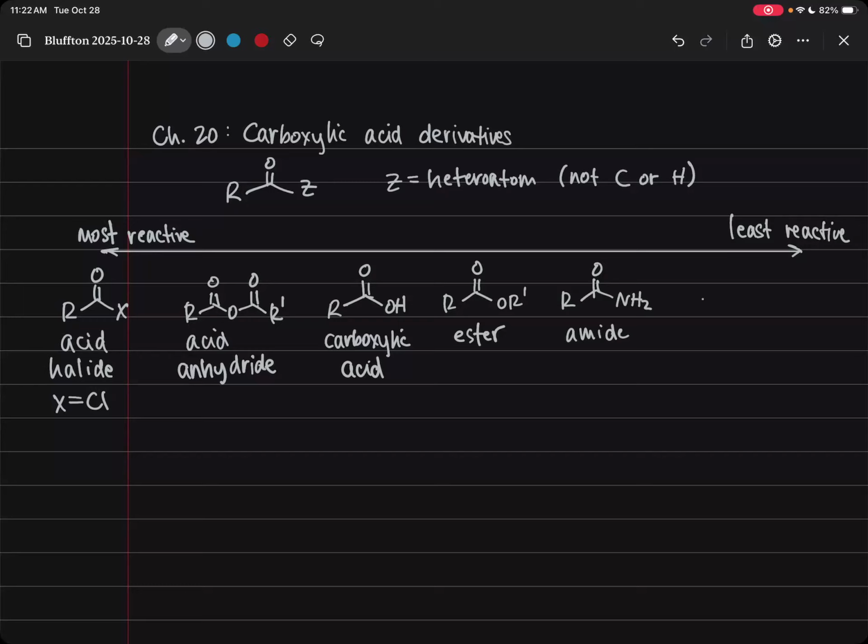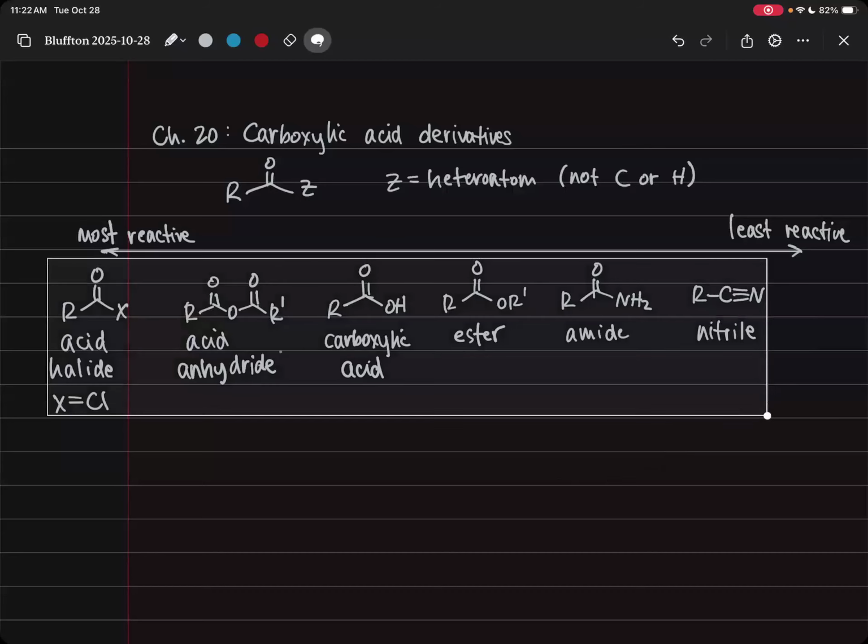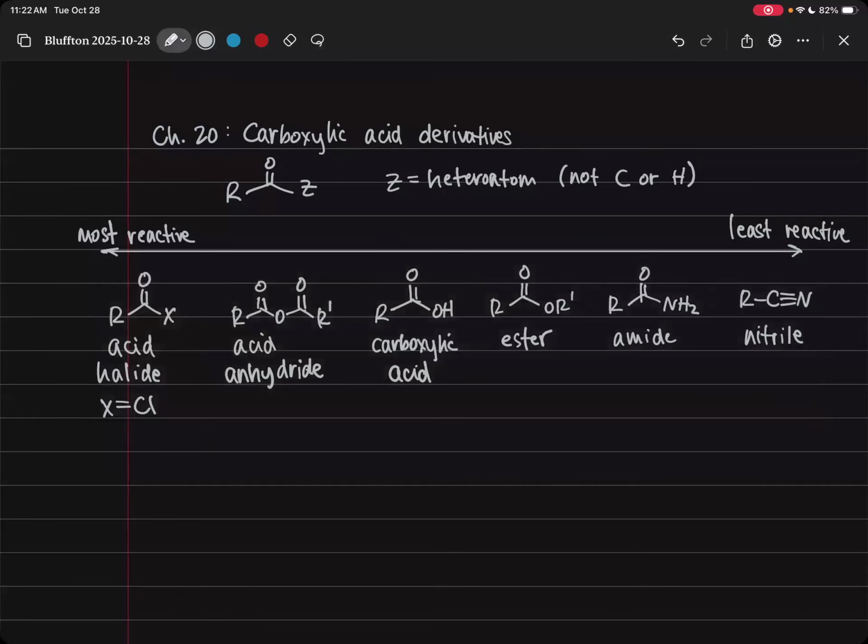And then the weird member of the family, the nitrile, looks like that. And clearly it's different than all the rest of them because we don't have a carbonyl. And you would think that would make its reactivity significantly different from all the others, but in fact, it's only just a little bit different.